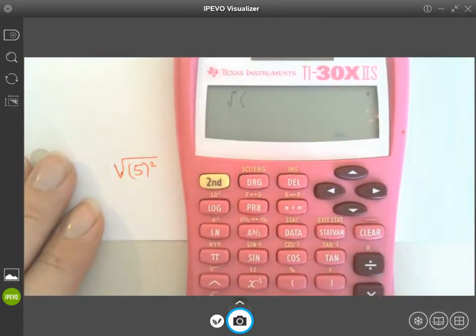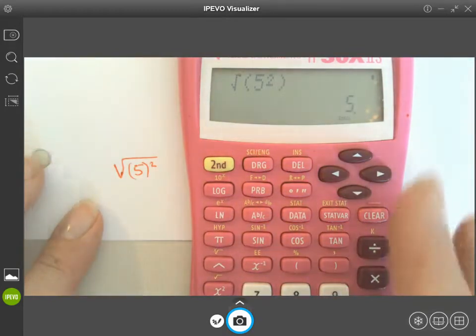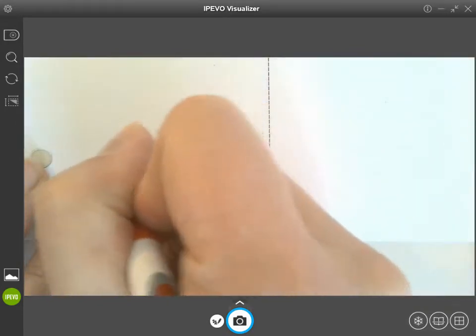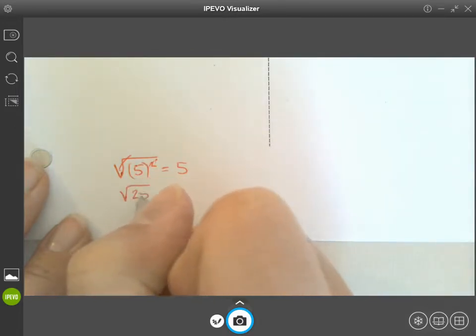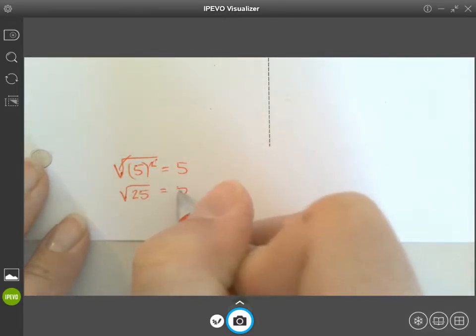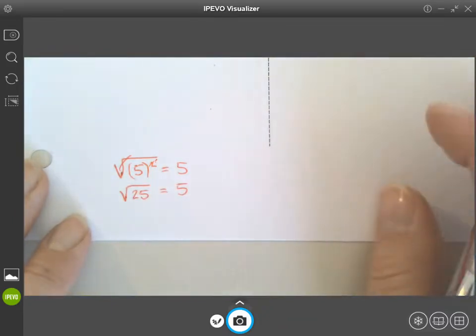Square root, make sure you're using your square root key, of 5, close the parentheses or don't, but put the power on it, and I get 5. If I type it in this way with the 5 and I put the power on the inside, I still get 5 because these things cancel. They're inverses. This was really the square root of 25, and the square root of 25 is simply 5. So a square and square root are inverses.